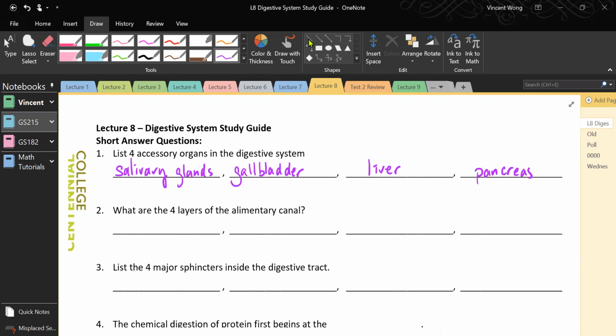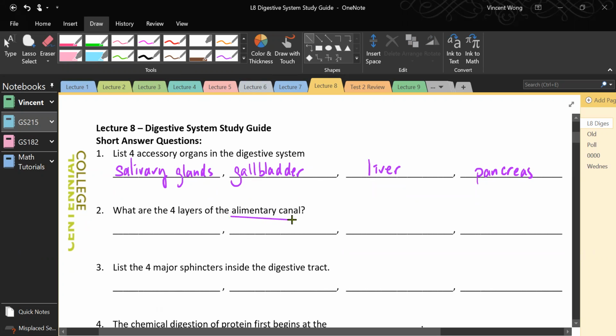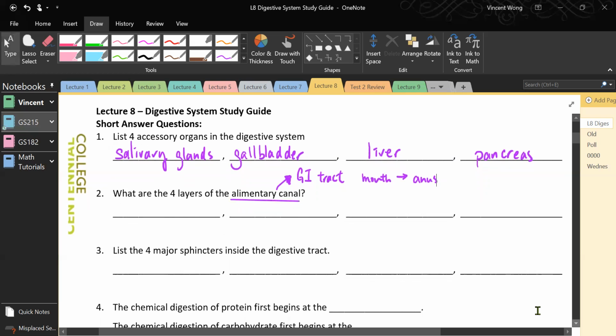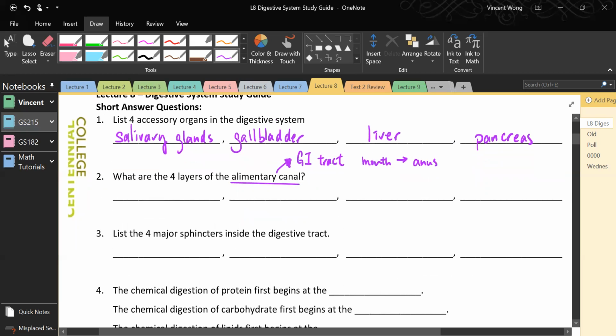So another word for your GI tract is actually alimentary canal. Okay, so this is same as GI, gastrointestinal tract. Basically it's one continuous tube from the mouth to the anus. And along the entire GI tract, there are actually 4 layers that is found throughout the alimentary canal.